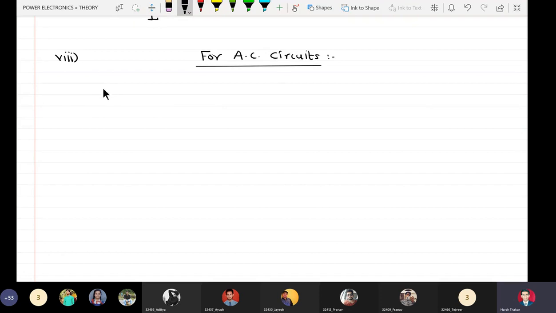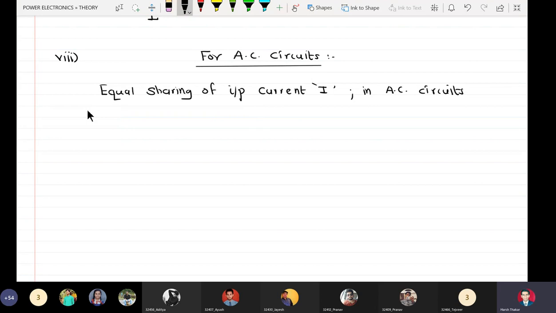So for AC circuits, equal sharing of input current I in AC circuits is enabled by using a reactor.